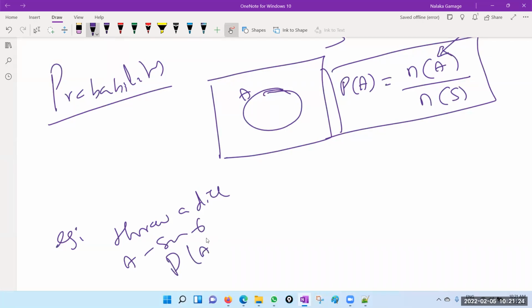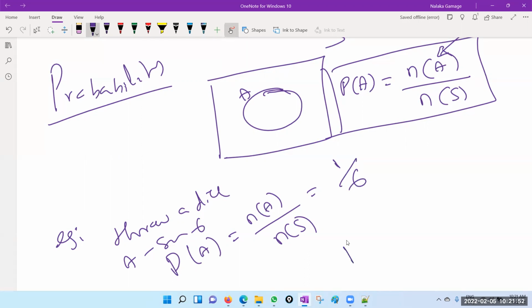The probability of A happening is the number of elements in event set A over the number of elements in the sample space. The number of outcomes that cover event A is 1, because that is getting 6. How many possible outcomes are there in the sample space? 6. So it is 1 over 6. The probability of getting 6 is 1 over 6.